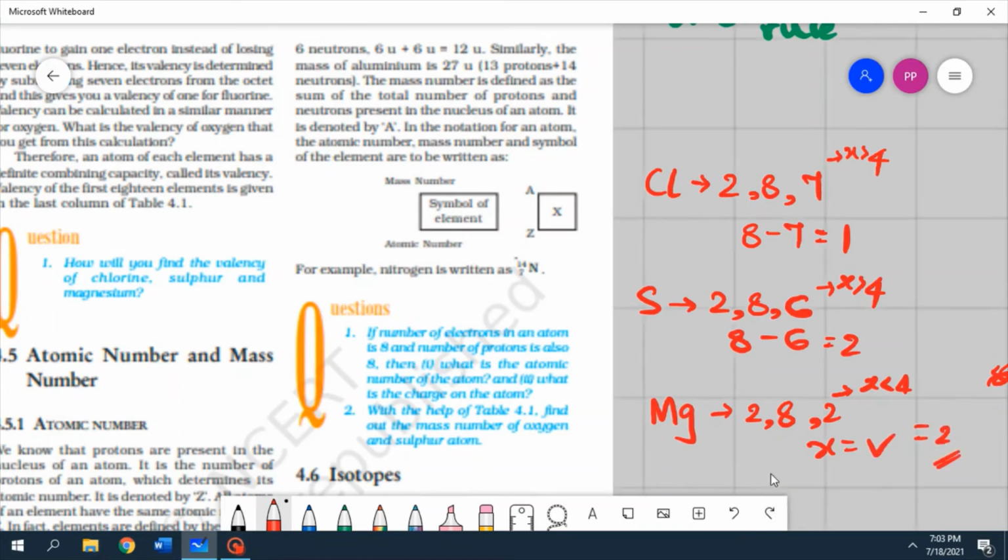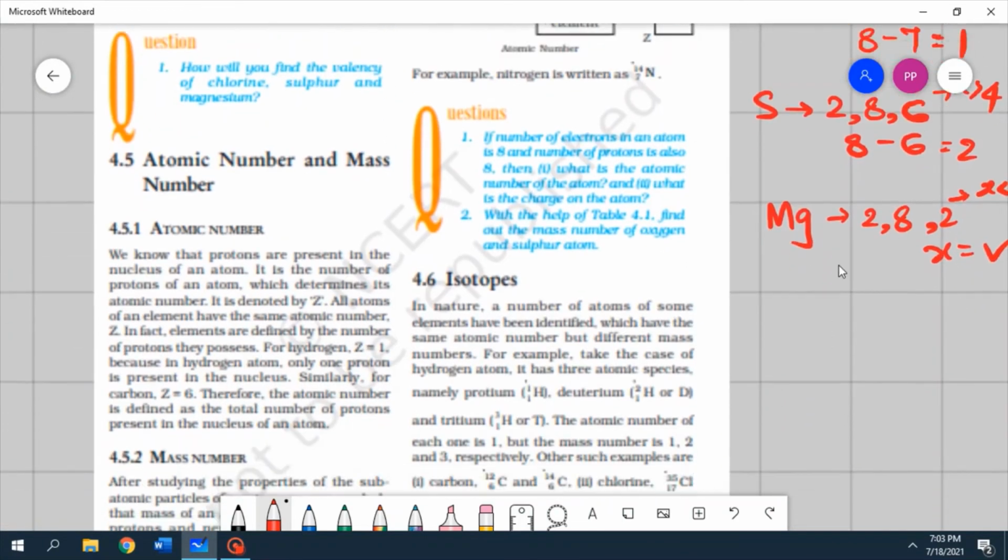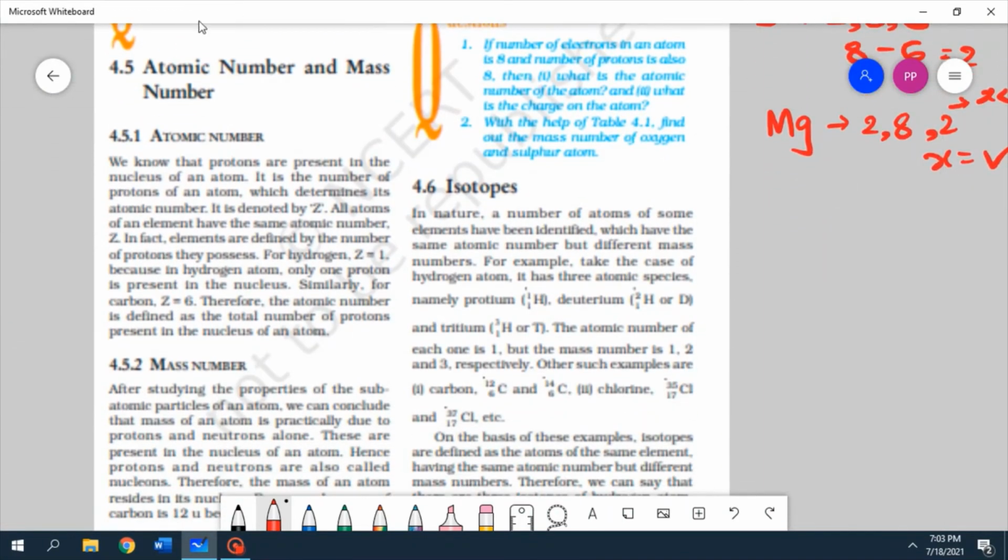so then we have atomic number and mass number. Atomic number, we know that the protons are present in the nucleus of an atom. It is the number of protons in an atom which determines the atomic number, and it is denoted by Z. So previously, when I was talking to you about the relation between atomic number, mass number, and the number of protons, neutrons and electrons, I represented A as the atomic number, but it's actually Z. I didn't want to confuse you.